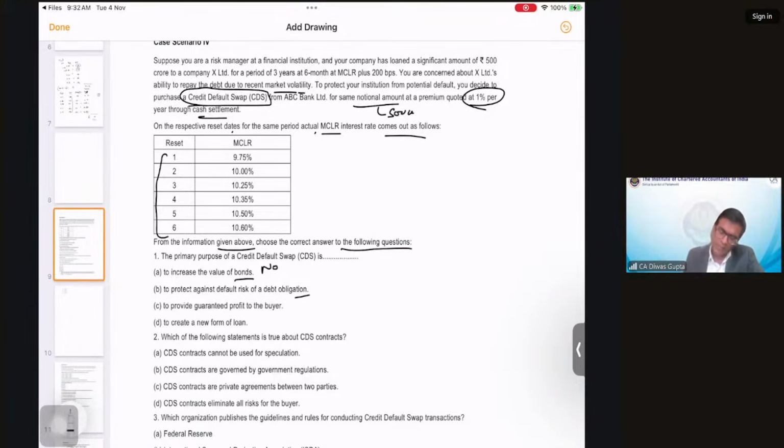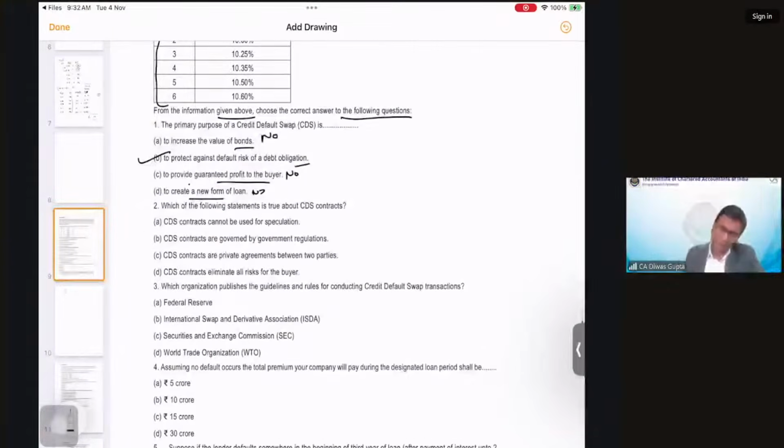This can be potentially yes. To provide guaranteed profit to the buyer. This is never the credit default swaps related objective. To create a new form of a loan? No. So to protect against the default risk of a debt obligation. This is what the primary objective of a credit default swap is.